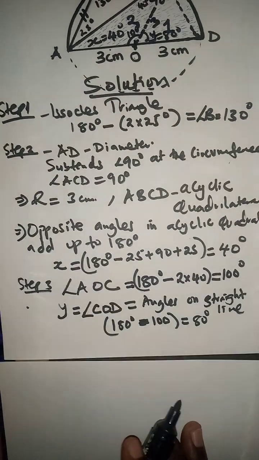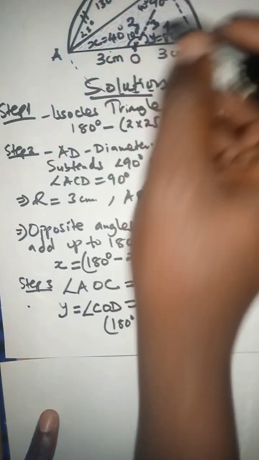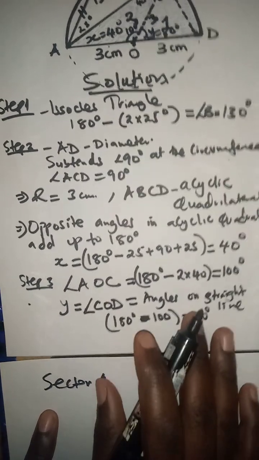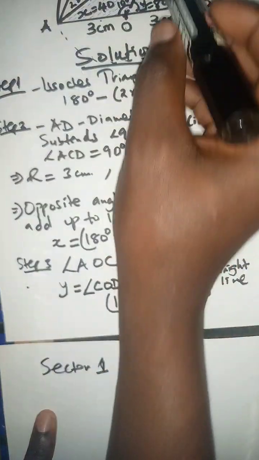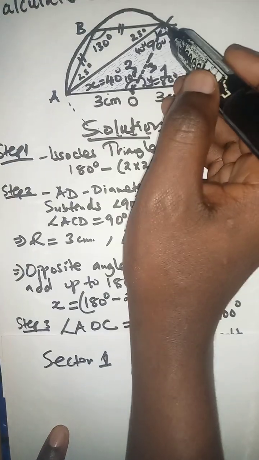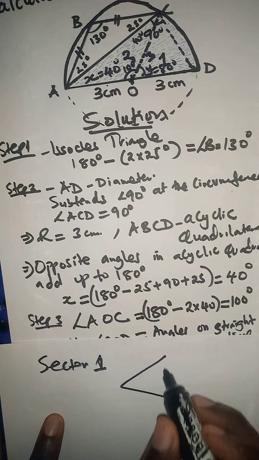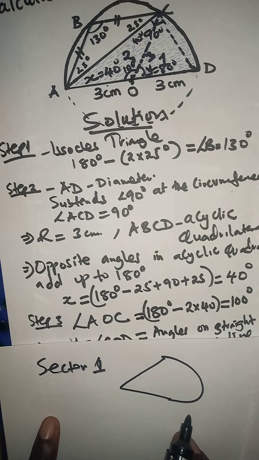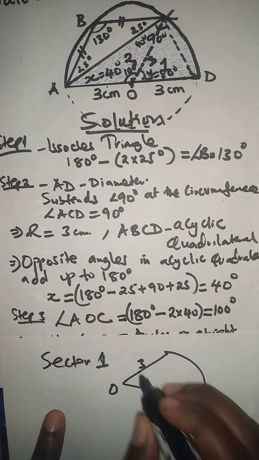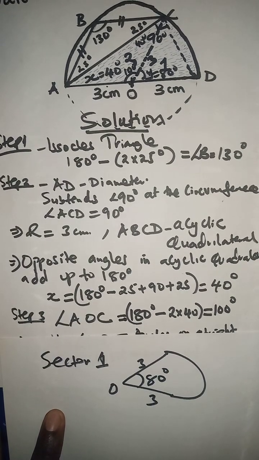So I can remove out the first sector. If you look at COD, it forms a given sector like that. So that is O, and that is 3, and the angle inside there is 80 degrees.